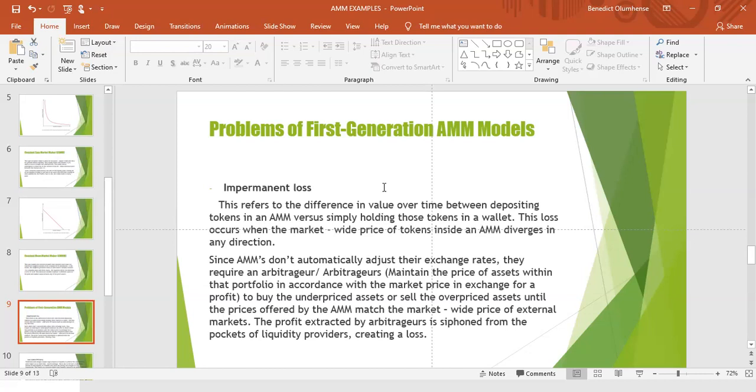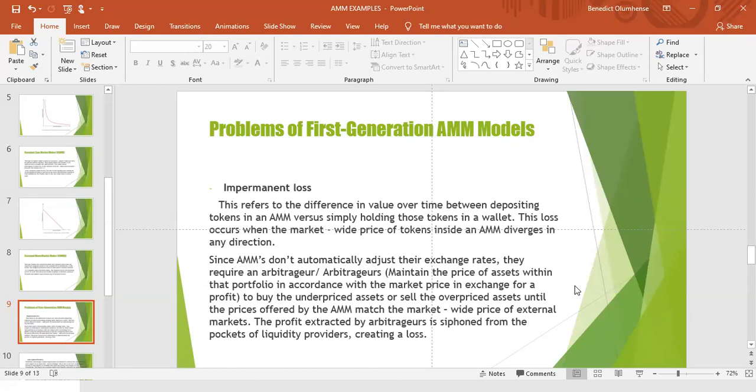So this loss occurs in markets where the market-wide price of tokens diverges from the price inside the AMM, in any direction, whether towards the X value or towards the Y value, right? So there is a term I use called arbitrageurs, right? And these are people who maintain the price of assets within that pool in accordance with the market price in exchange for profit.